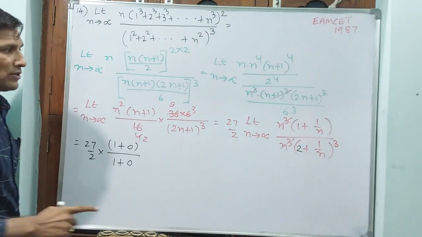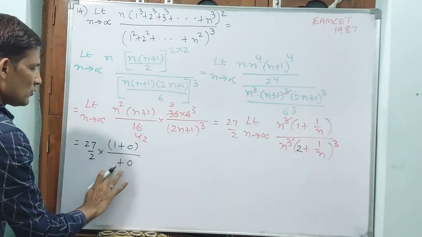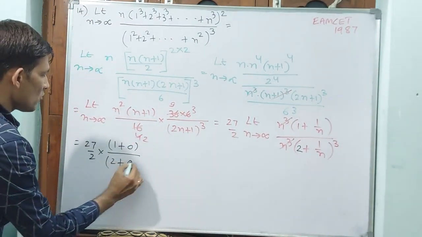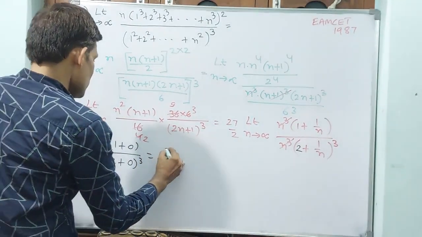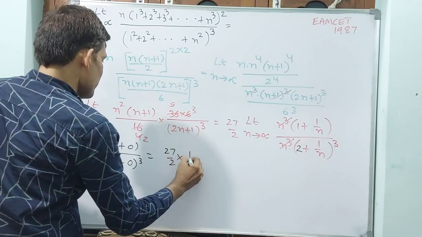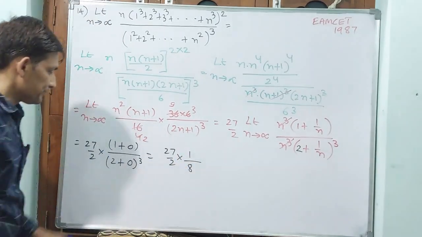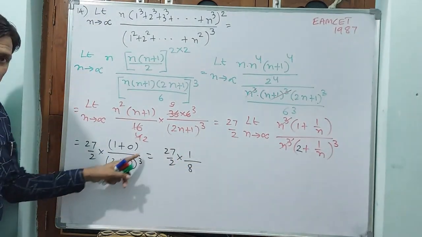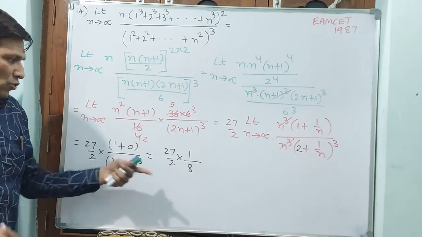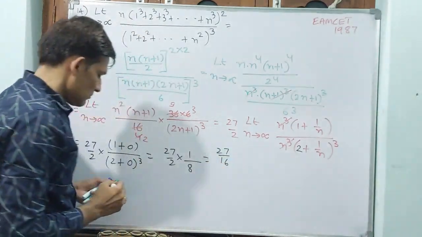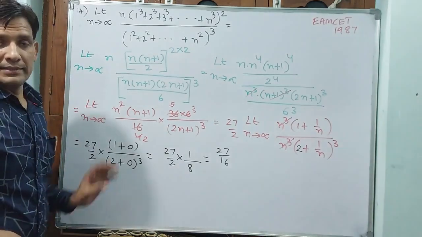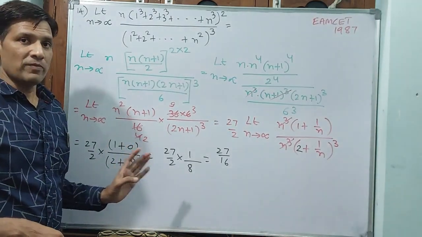Don't forget it. 2 plus 0 whole cube. That is equal to 27 by 2 into 1 by 8, since 2 plus 0 means 2, 2 cube is 8. Now you see 27 by 16, that's all. 27 by 16 will be your answer. Let us go for the next question.